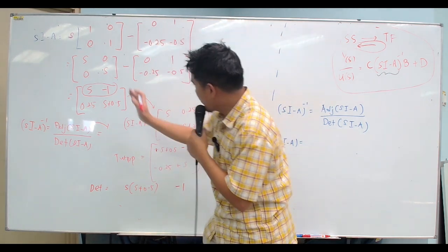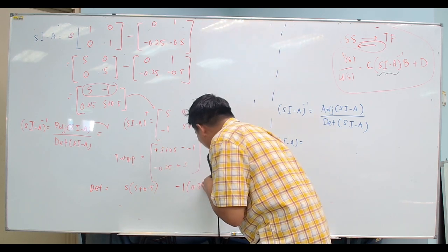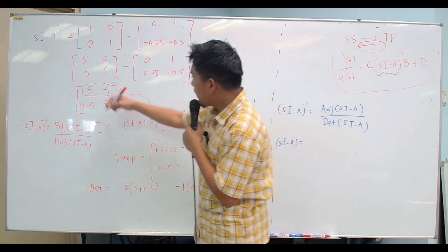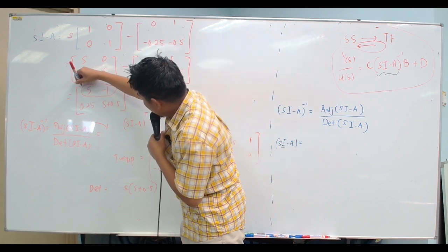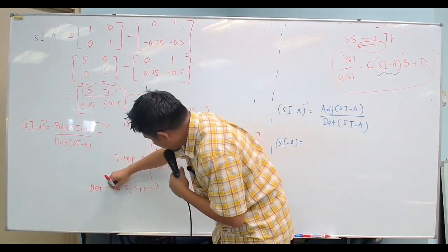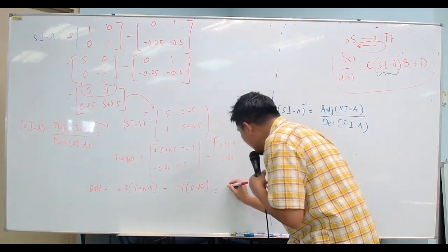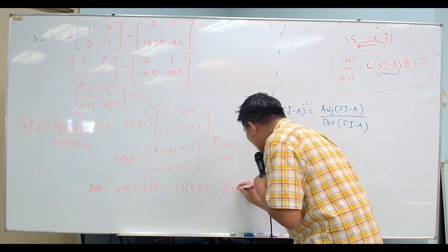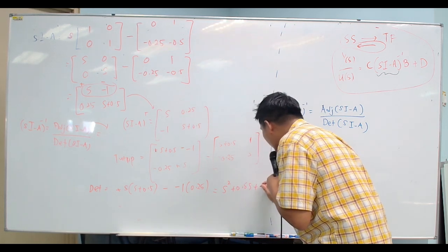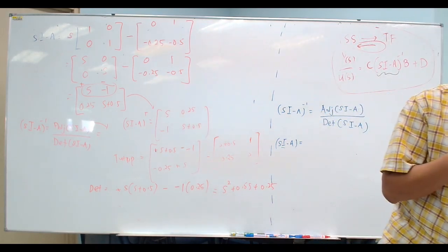And then if you close negative 1, you get 0.25. And then you apply tanda. The first is positive, the second is negative. Finally, your determinant is s squared plus 0.5s plus 0.25. So this is your determinant.